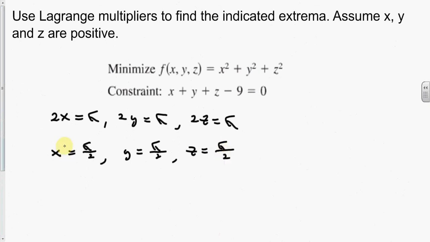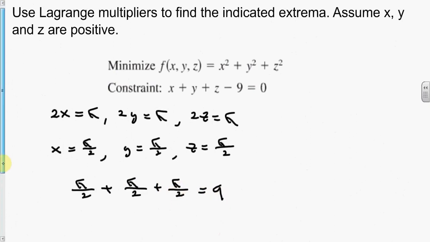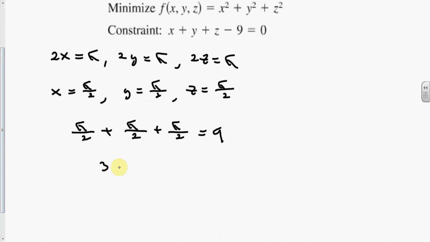I replace these values for x, y, and z into that constraint equation, and so we get lambda over 2 plus lambda over 2 plus lambda over 2 is equal to 9. So we get 3 lambda over 2 is equal to 9. This implies that lambda is equal to 6.